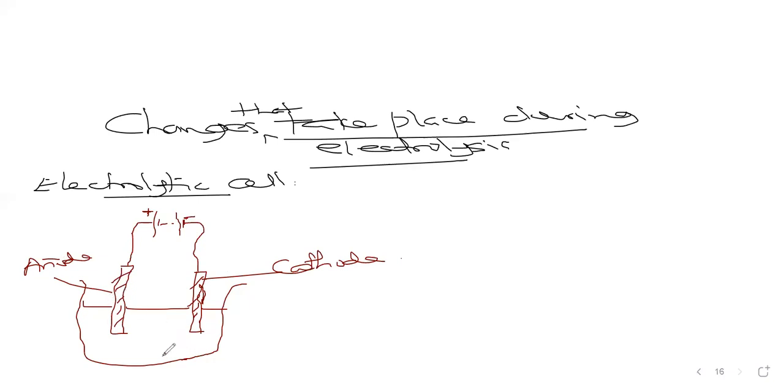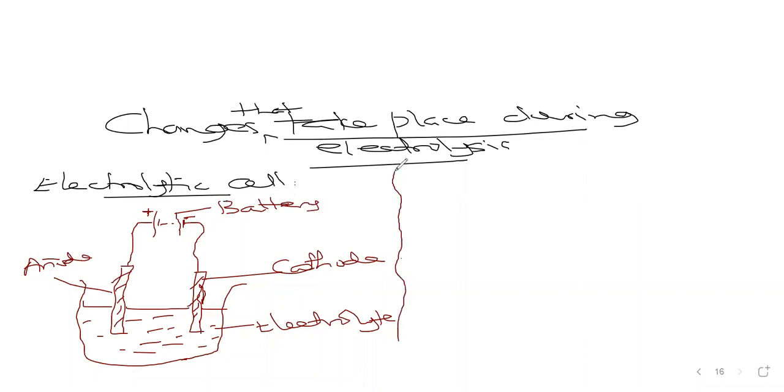So those two are the electrodes. Then inside here, we have our electrolyte. We already said this is our battery. Having known how, this is what we call an electrolytic cell.